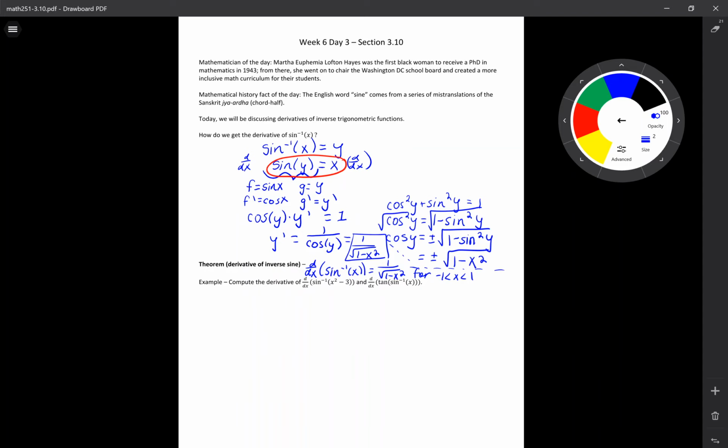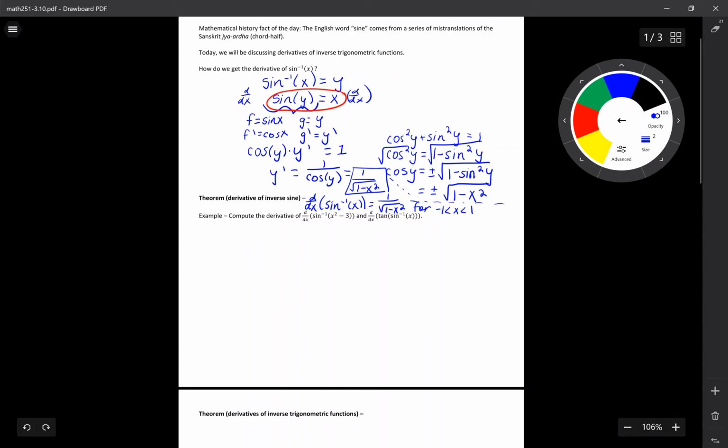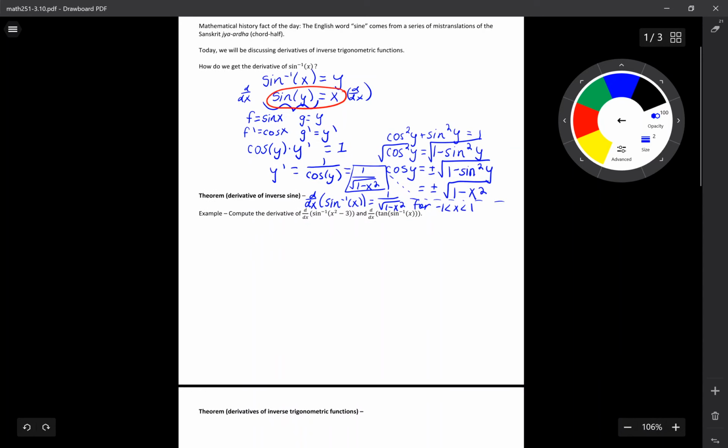All right, so let's use this to compute the derivative of sine inverse of x squared minus 3 and tangent of sine inverse of x. So on both of these, I am going to have to use the chain rule. So here on the first one, I want to find the derivative of sine inverse of x squared minus 3.